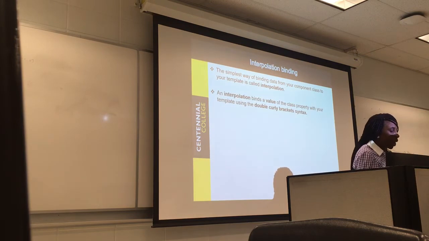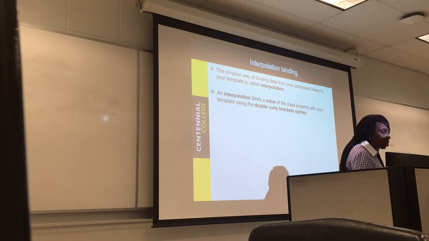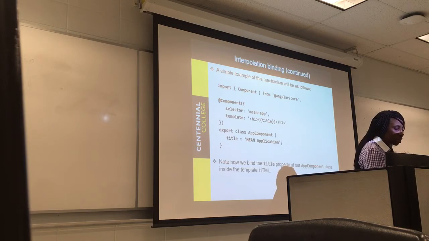So the way of binding data from your component class is to use a template called interpolation. Interpolation will bind the value of the class property with the template using double curly bracket syntax. So let's look at a simple example.